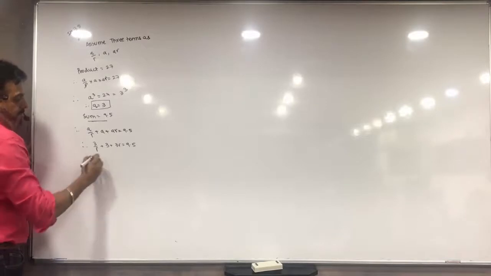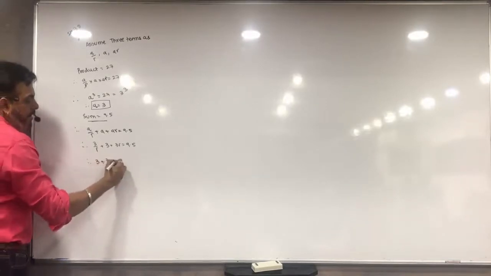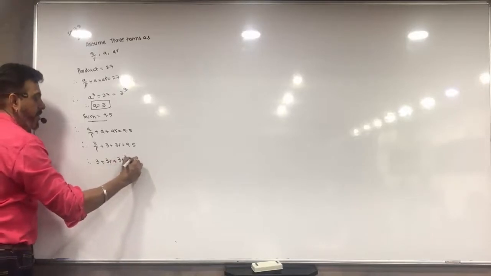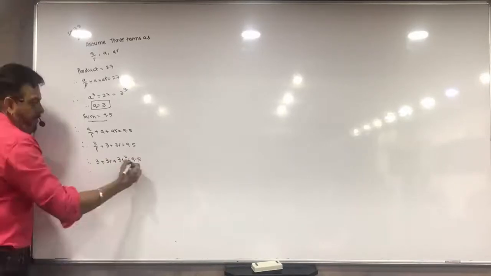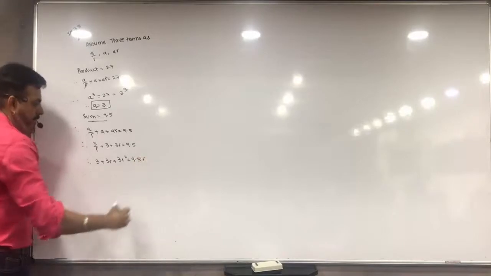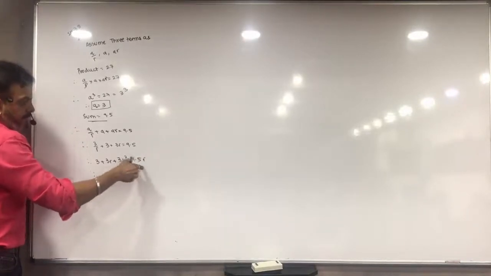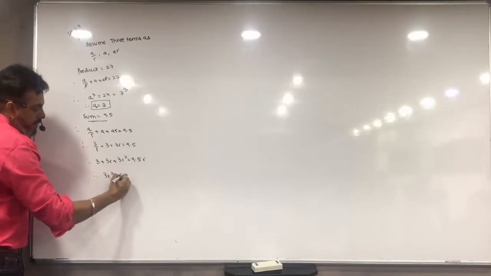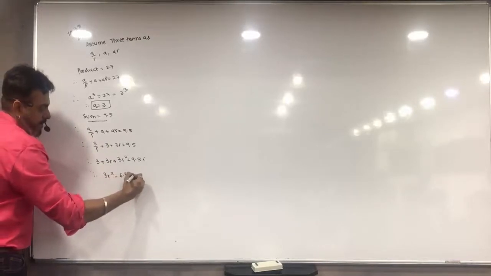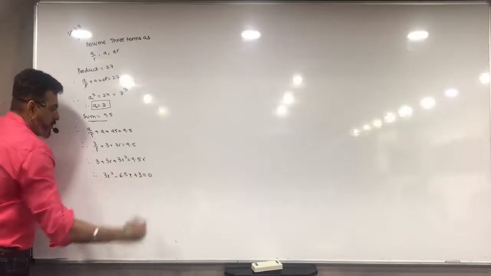Therefore, 3 plus 3R square is equal to 9.5 R. Therefore, 3R square, 9.5 R will come over here. So minus 9.5R plus 3 is equal to 0.